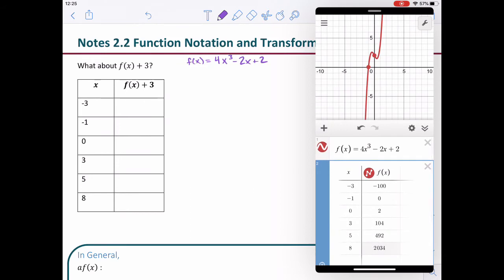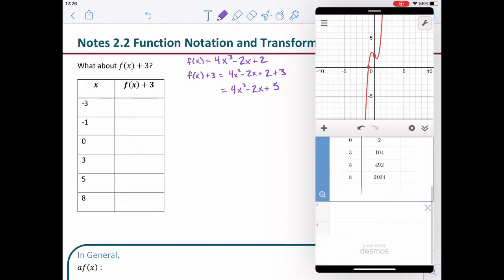That's our original function. And so if we take f of x and we add 3, then we're just going to take f of x, which is 4x cubed minus 2x plus 2, and add 3. And so our new function is 4x cubed minus 2x plus 5.